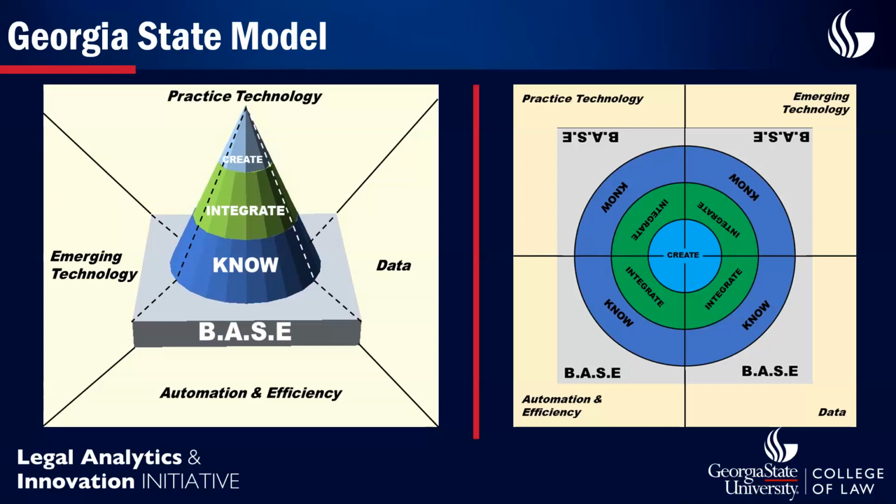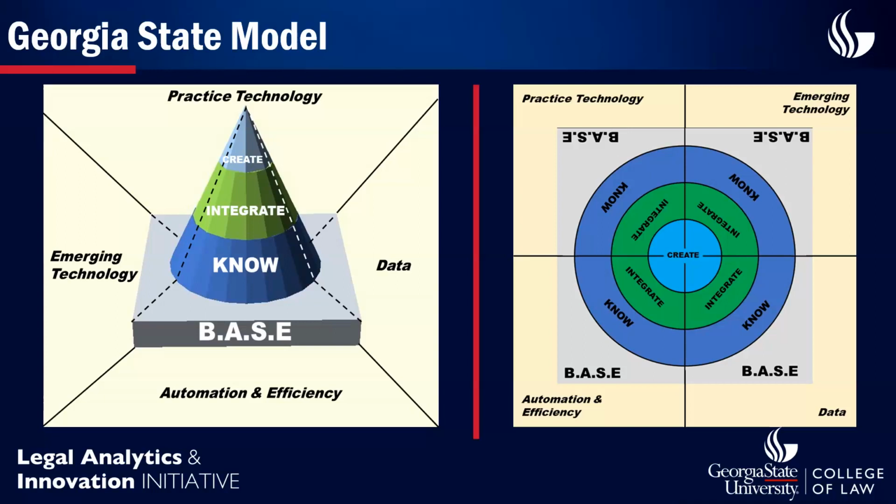Those quadrants being practice technology, data, automation and efficiency, and emerging tech. Just a brief definitional overview of those. Practice tech being fundamental tasks in the practice of law, things like practice management, cybersecurity, document management, legal ops. Data being numbers and computation and its usage in practice.